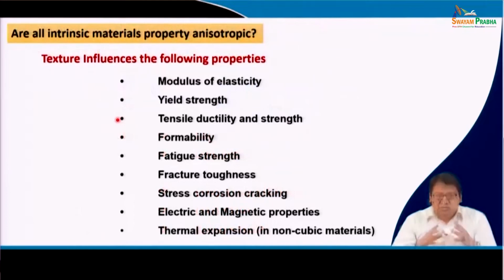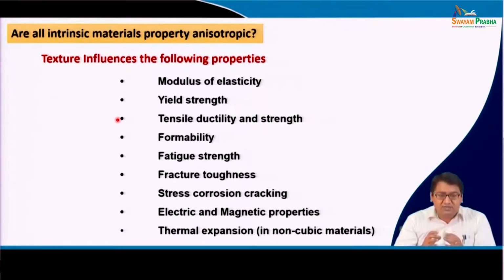So, you see, when we cannot avoid texture in the material, then the material will remain anisotropic, if not 100% anisotropic, some part of it has to be anisotropic. So, it will be always anisotropic, and it will influence all the properties.